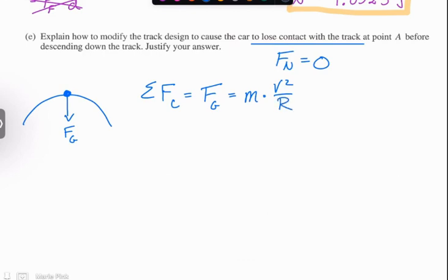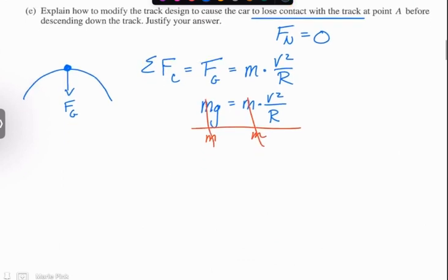Well, Fg is mg. So there's 2 ways to change this. First of all, if I divide both sides by m, the m's cancel out. So it doesn't matter what your mass is, you will experience the same phenomenon regardless of how big of a person you are when you go over the hump of this track on the roller coaster.